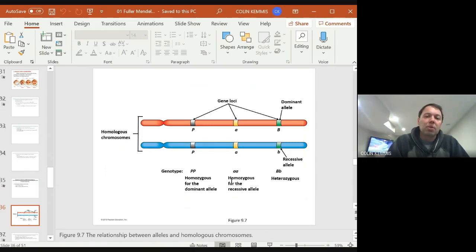Little a, little a, homozygous recessive for this trait. And then one dominant allele, one recessive, big B, little b. That's going to be a heterozygous example there. Okay. So these homologous chromosomes carry the same type of information, but they might have different forms of the gene.